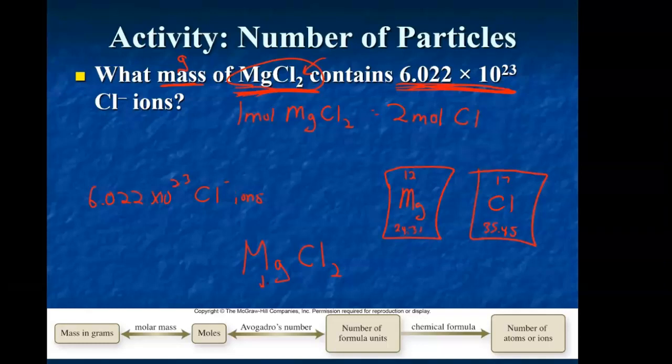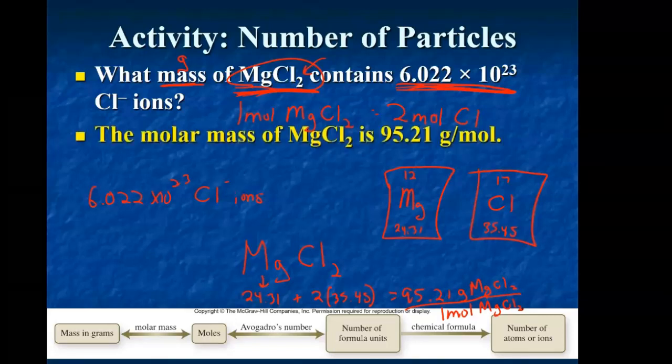So Mg is 24.31 plus 2 Cl's, 2 times 35.45, which gives us 95.21. And remember, these units are grams in 1 mole. So grams of MgCl2 in 1 mole of MgCl2, right? So that's our molar mass. That's how we get our molar mass. Okay, so now I'm going to erase my little mini periodic table.